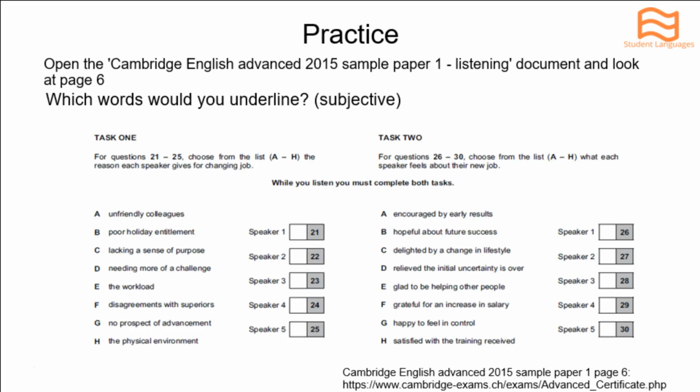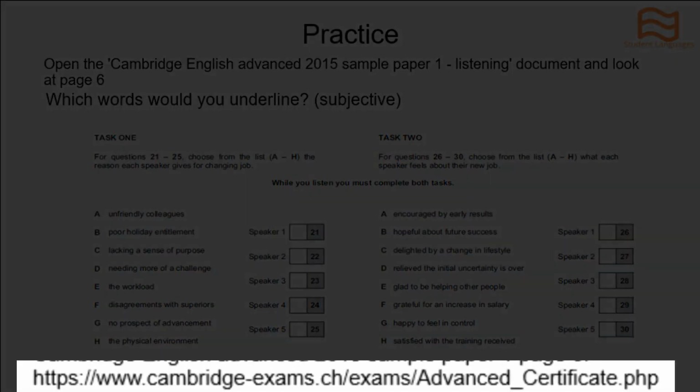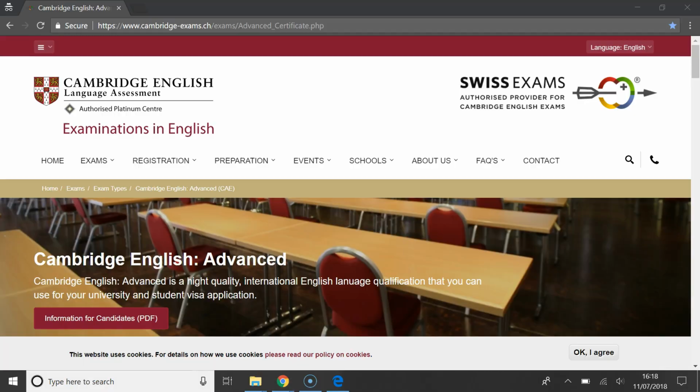So we can practice this now. The example that you can see here on this slide has come from the audio files and PDF files that you can download from this website. And if you type this address into your web browser, you'll find an internet site that looks like this.